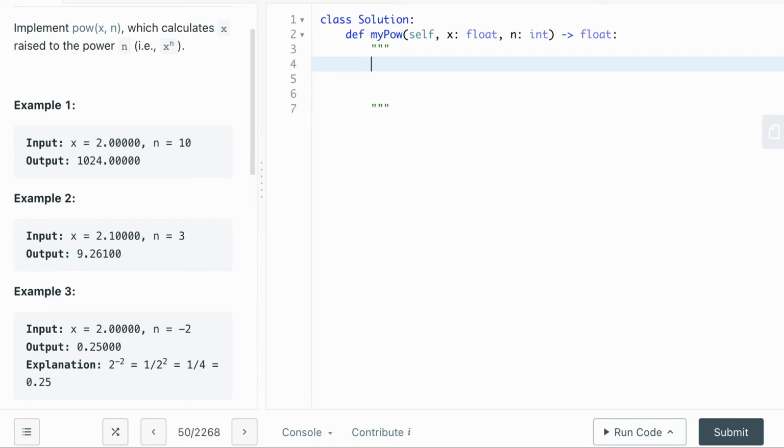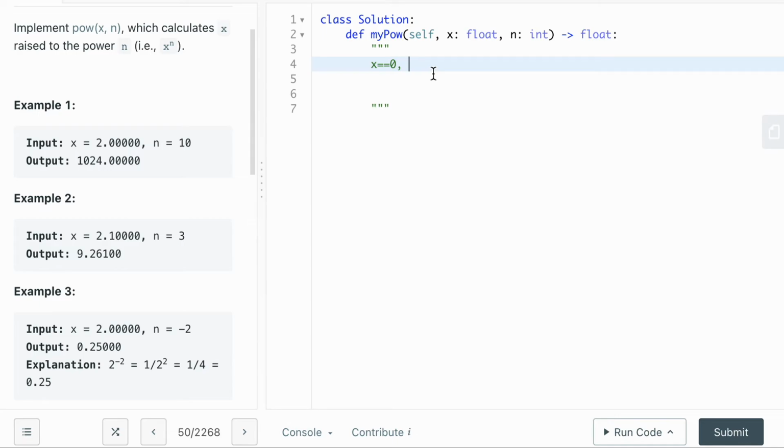So there are some edge cases. If x equals 0, then the result is 0, because no matter how many times you multiply 0, it's 0.